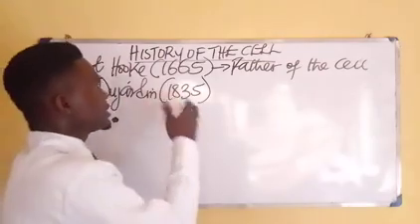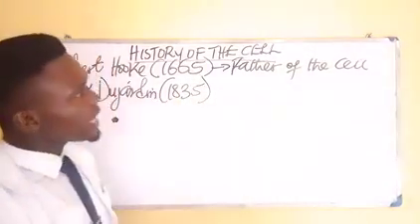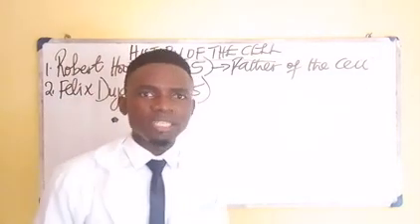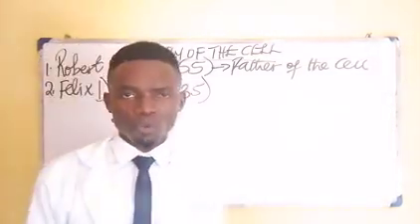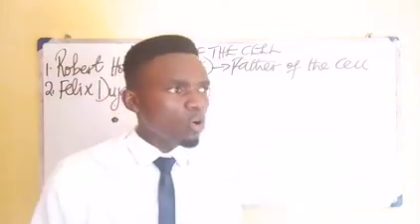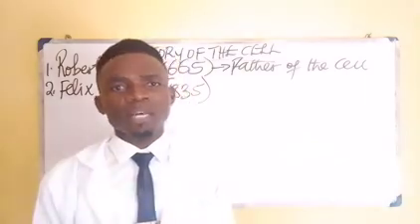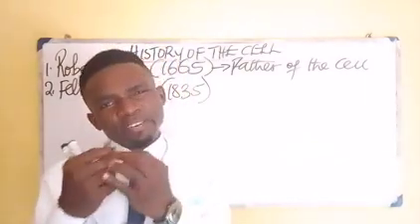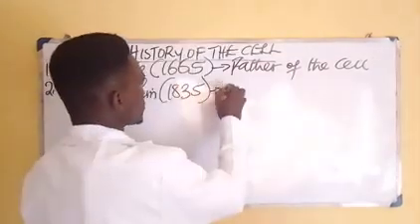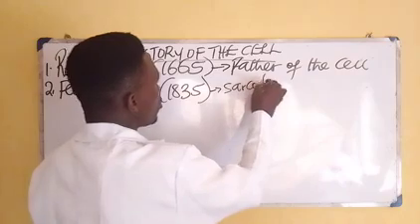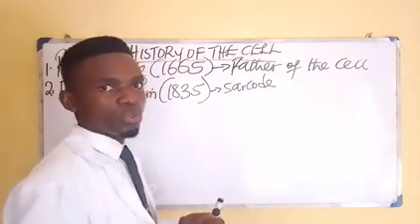In what year? 1835. Now, after this postulation, what did he do? He subjected the cell under a microscope. During the process, he observed that the cell had some living content. This living content he called sarcode.